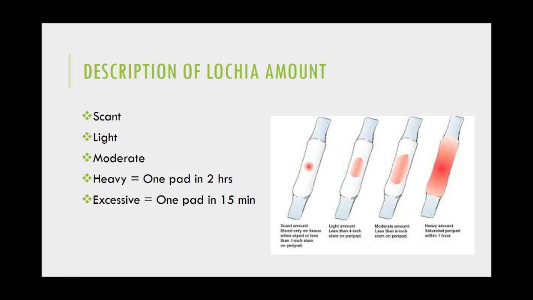Now, if her heavy bleeding moves forward into excessive bleeding, then we may have an issue with a postpartum hemorrhage. But many women will have heavy bleeding after delivery. We just have to keep a really close eye on those moms.